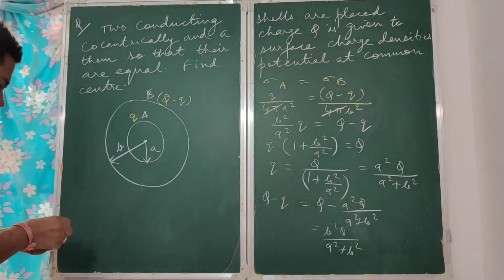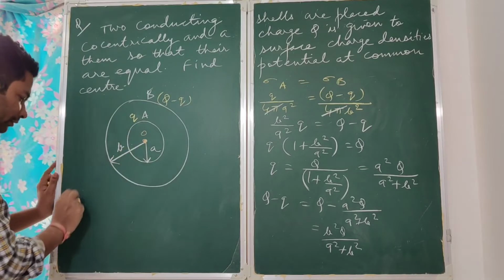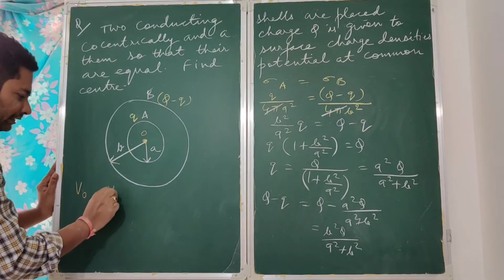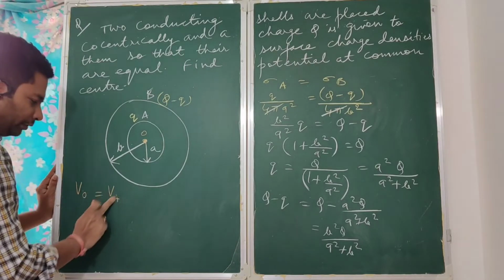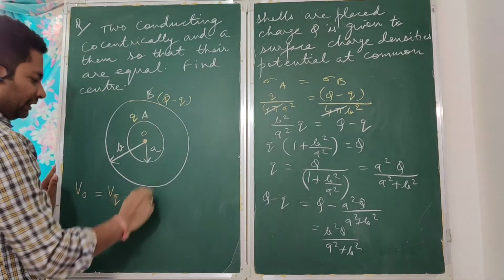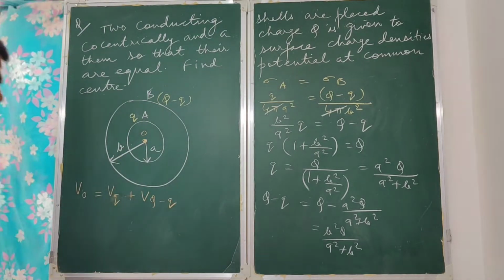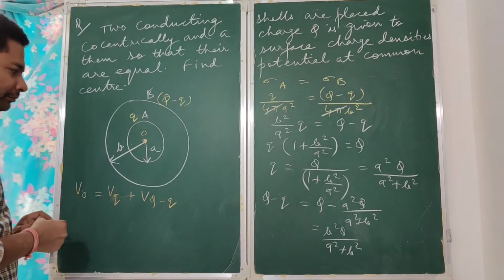So what is the potential at their common center? Let us say this is O. So potential at O will be created by charge small q as well as charge capital Q minus a small q. This point is internal to both of them.